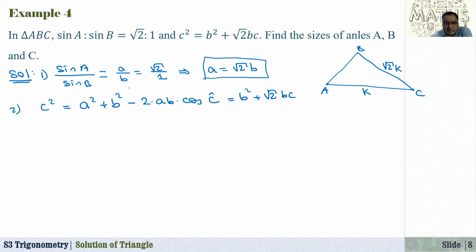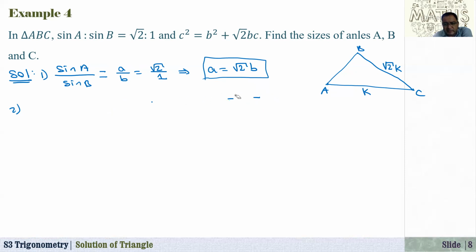Now from here, this B squared, they cancel each other, and take this minus 2AB cosine of C to the right hand side. Otherwise, I think this way we cannot simplify this.